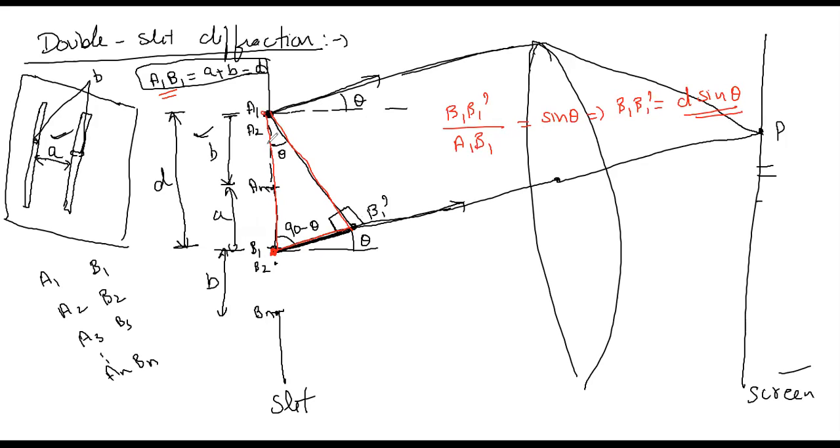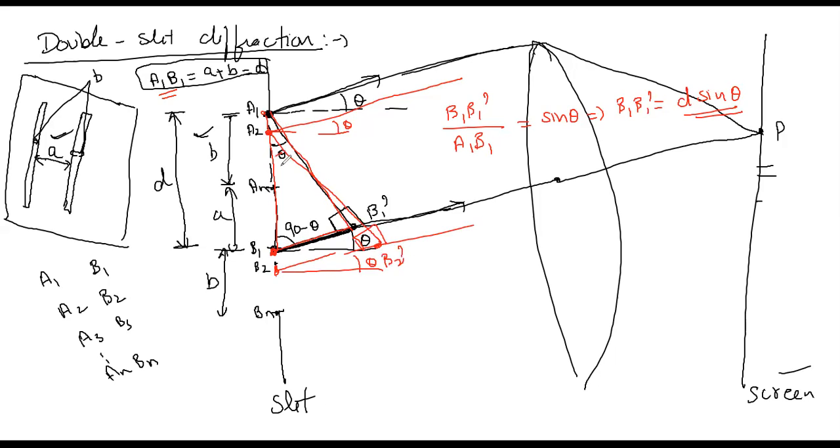Similar to this, you can talk about point A2 also. A2 से भी जो wavelet start होंगी, वो भी theta subtend करेंगी. A2 के correspondingly point B2 है, वहां से जो wavelet start होंगी, वो भी angle theta subtend करेंगी. यहां से अब आप चाहो तो A2 से B2 पे perpendicular draw कर सकते हो. B2 से जो wavelet extra distance travel करेंगी, that would be B2 prime.